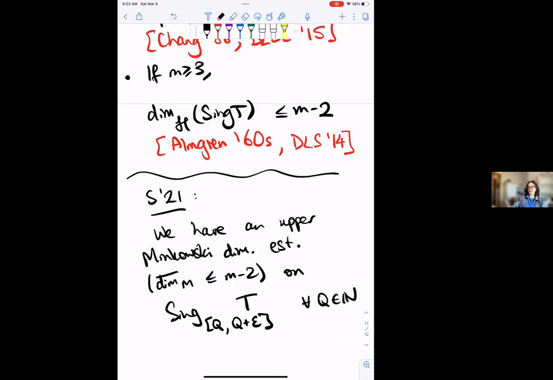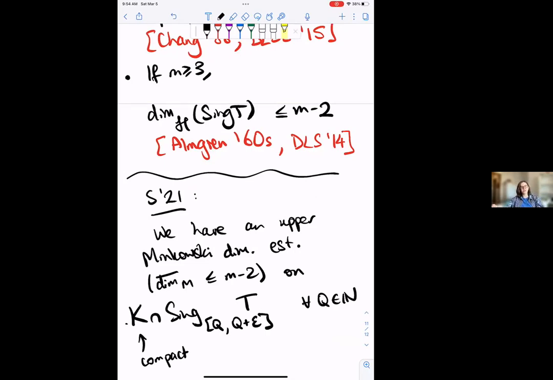This is local, so it's on some compact set. But you have this local upper Minkowski bound as well.